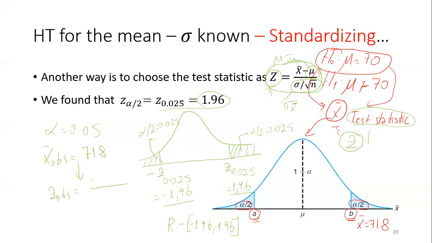So z observed is equal to x bar observed minus mu of x bar, divided by sigma of x bar, which is equal to 71.8, our observed x bar, minus mu of x bar, which is 70. Recall, this is from where? This is from the H0. It comes from the null hypothesis. Divided by sigma divided by root n, which is 8.9 divided by the square root of 100, right?